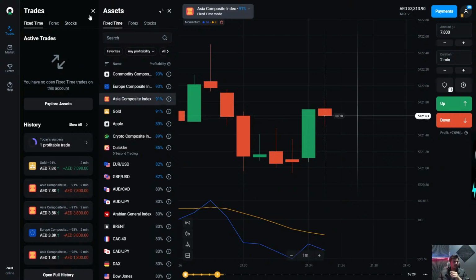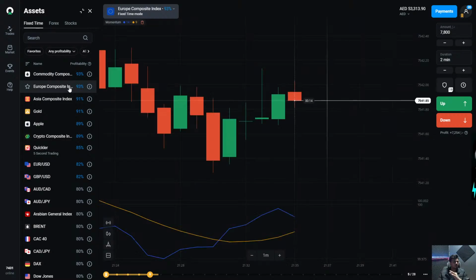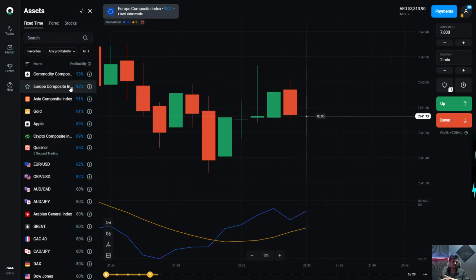Asia Composite Index is moving variably, on the upper side and downward side. And the Europe Composite Index, I didn't make any trade right now, but I think I have to make one here, because it could give too much profit, just one profit, and it will give a huge amount of profitable trade.